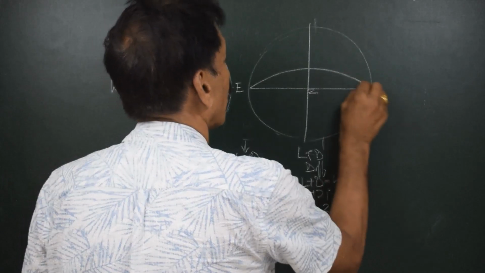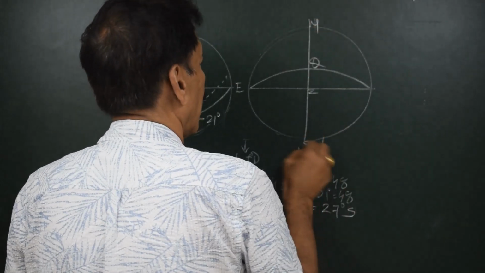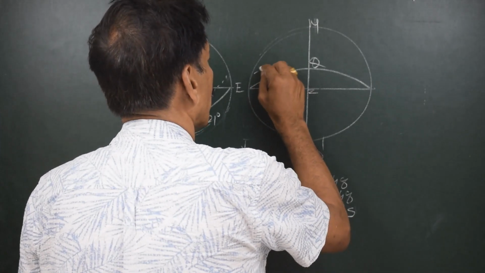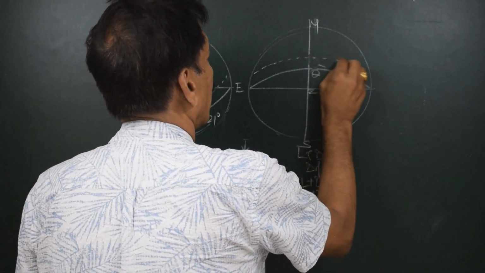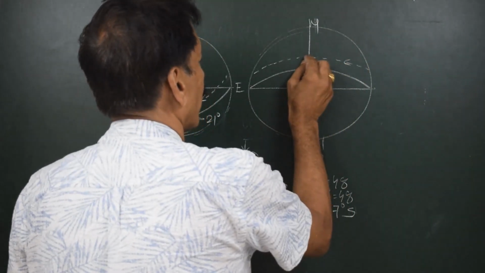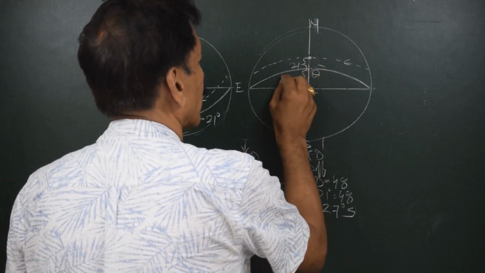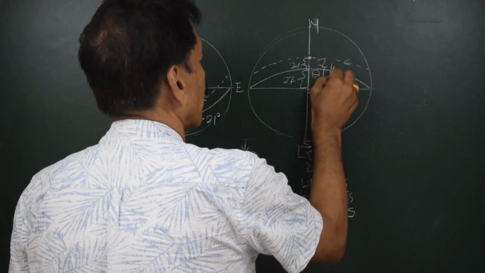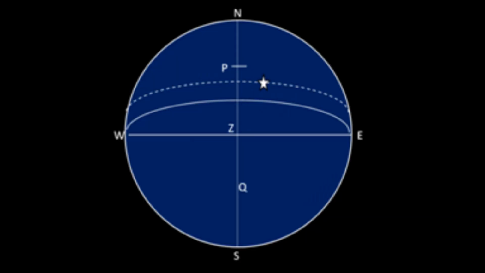The equinoctial will be over here, WQE. And because the declination is 21 degrees north, we have the apparent daily path this way, and at the time of meridian passage, this is 21 degrees and this is 27 degrees. Total meridional zenith distance is 48 degrees and meridian altitude is 42 degrees.